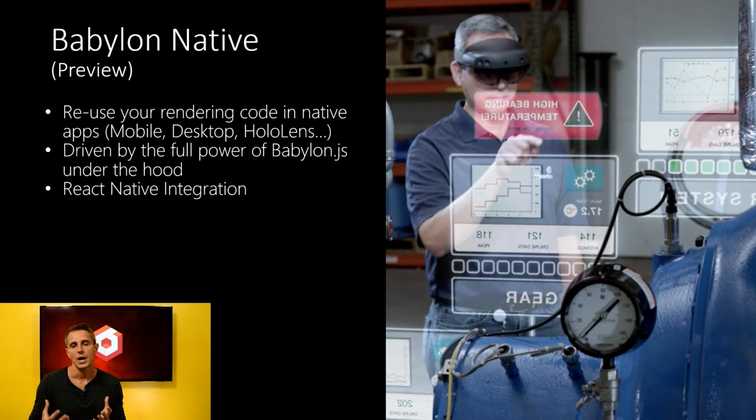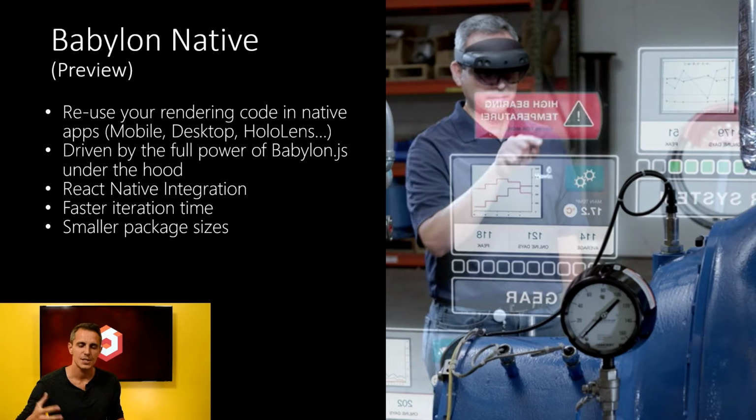You can also use React Native and have the same code again on the web and on your native application for the interface, for instance. And what's interesting is that it is bringing the fast iteration time you usually have on the web also to the native application. And in some cases it's also allowing much smaller package sizes.